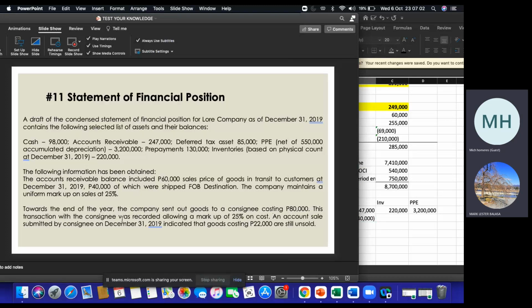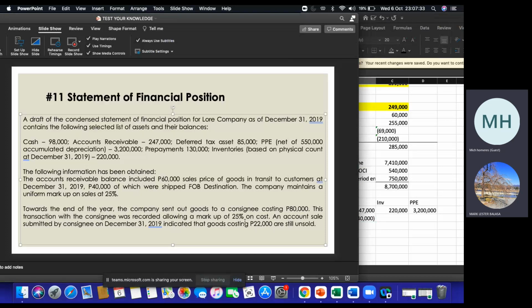This transaction with the consignee was recorded, allowing a markup of 25% on cost. An account sales submitted by consignee on December 31, 2019 indicated that goods costing 22,000 are still unsold. O therefore, hindi pa dapat natin siyang considered as sale. O therefore, itong 22,000 ibalik natin yung markup na 25%. Therefore, 22,000 multiplied by 1.25.